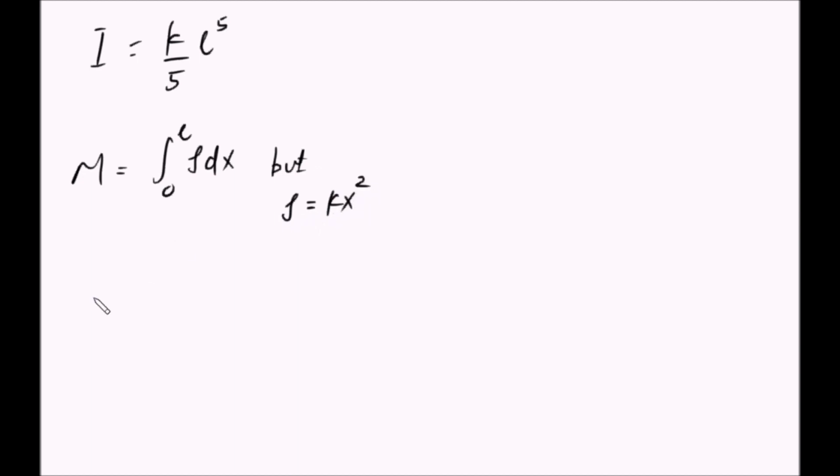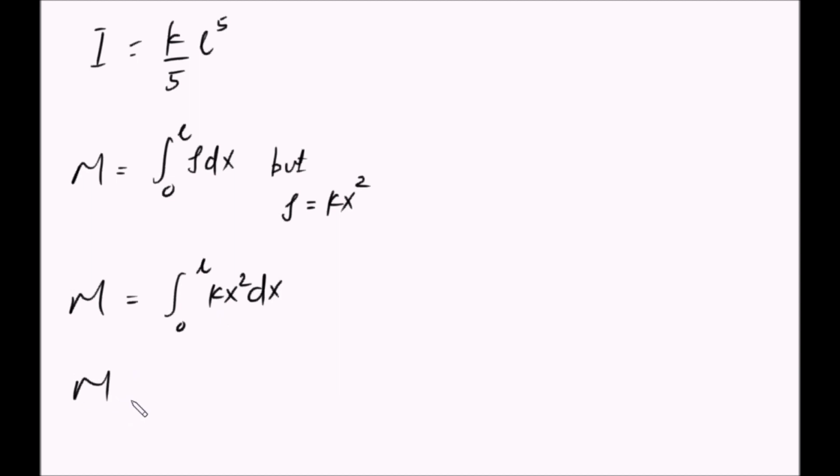I nimepata sasa na K over 5 L power 5. Ili ku eliminate K nitafute mass. Sasa mass formula yake tulisema ni integrate from 0 to L rho dx. But rho tumeshaona kwenye swali letu ni kx squared. Kwa hiyo mass itakuwa sasa na integrate from 0 to L kx squared dx.